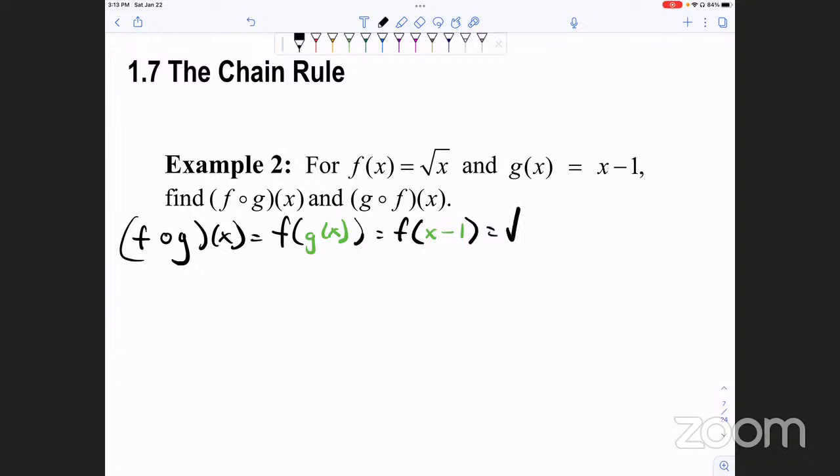So square root of x, replace each x with the green thing.